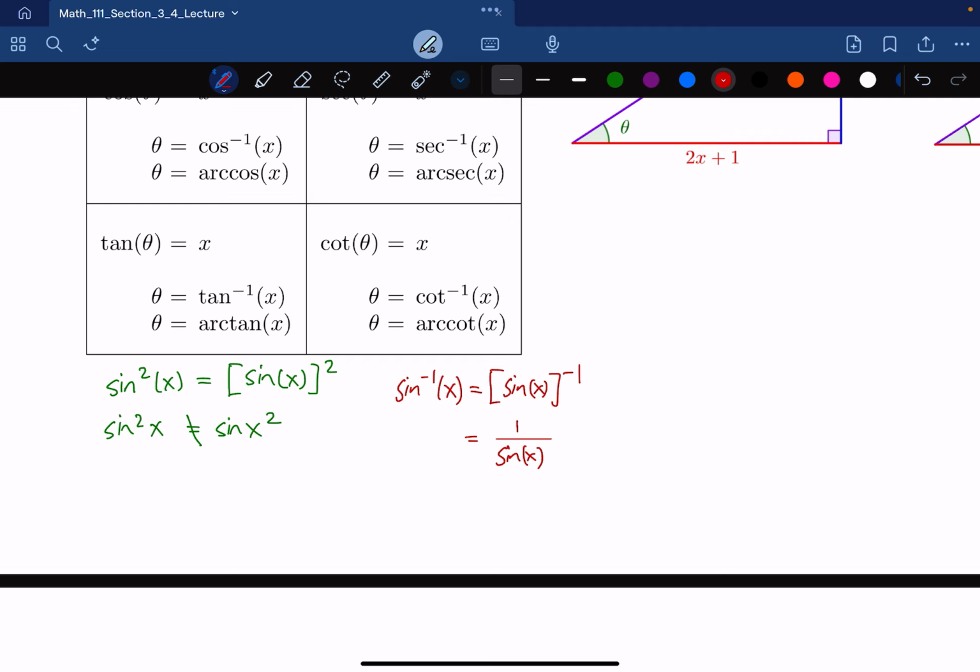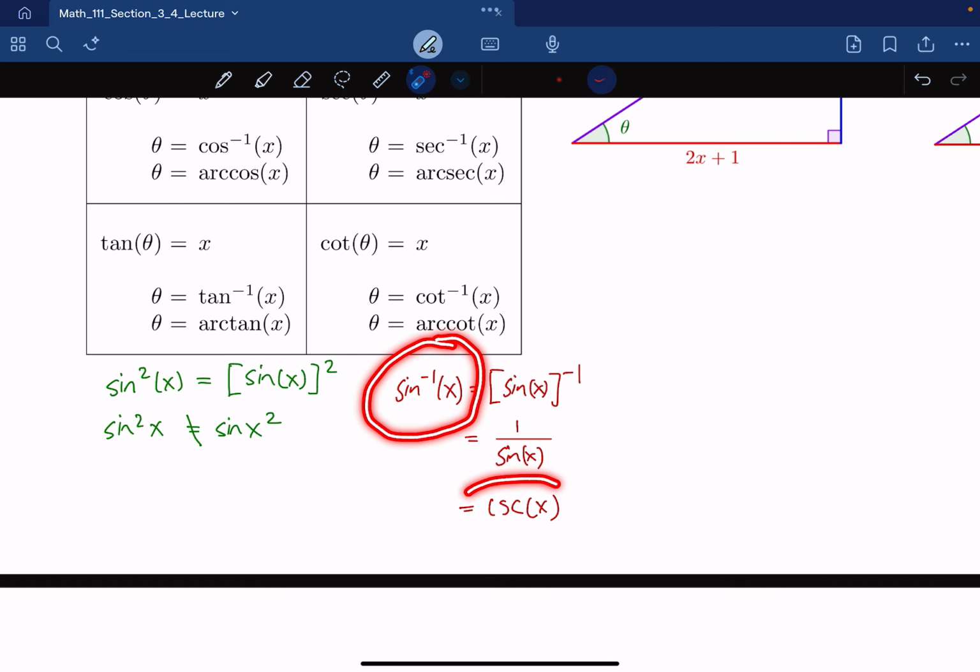But one over sine is cosecant. Believe it or not, I've seen this way more than I would like to admit, in the middle of an exam, in the middle of classes where there shouldn't be an issue, but here we are. Make sure you do not make this mistake. Inverse trig functions and trig functions are not the same. They're not in the same category of functions.